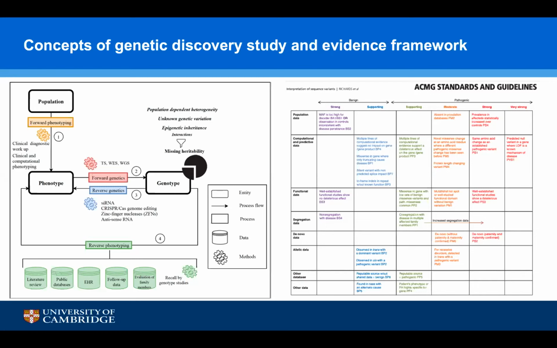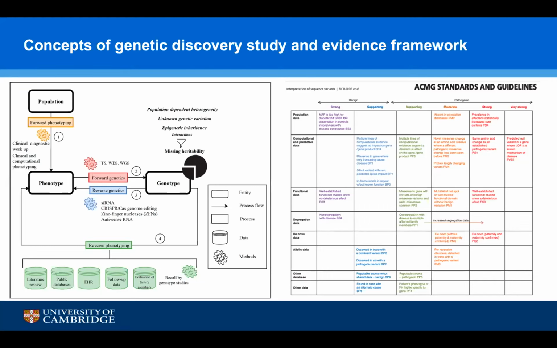Once we have our candidate genes, we can reverse this process, which is now called reverse genetics, and through an experimental approach find how a given mutation is affecting the phenotype.